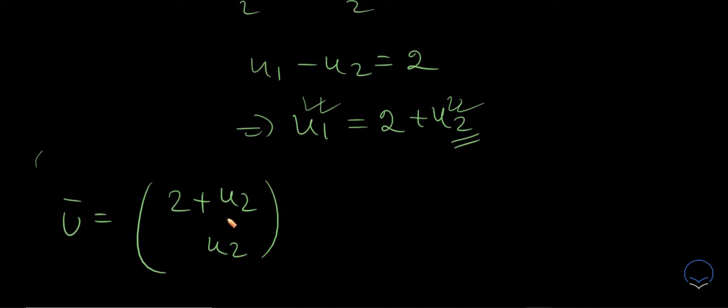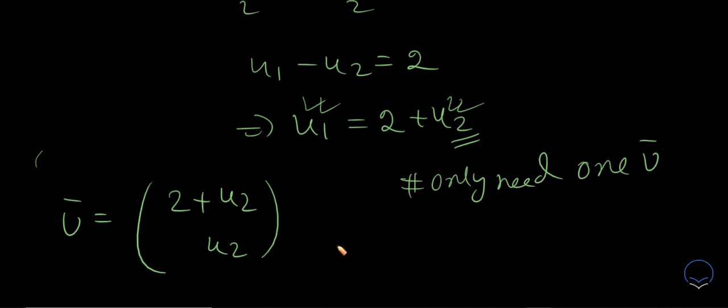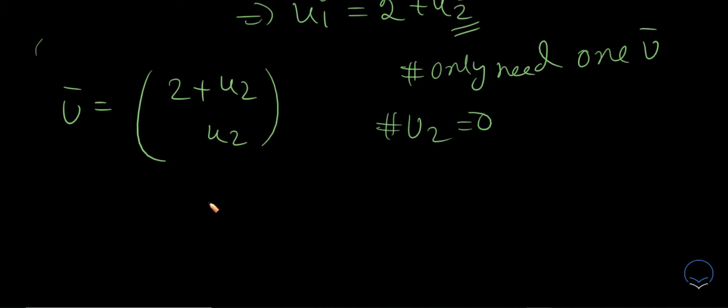And for different choices of u2, you are getting different u bar, but we only need one u bar. And the most simple choice is just taking u2 equals 0. It's an arbitrary choice, it's a free variable. And if you do that, this will be just (2, 0). Obviously you can take u2 equals 1, u2 equals 2, whatever you want.